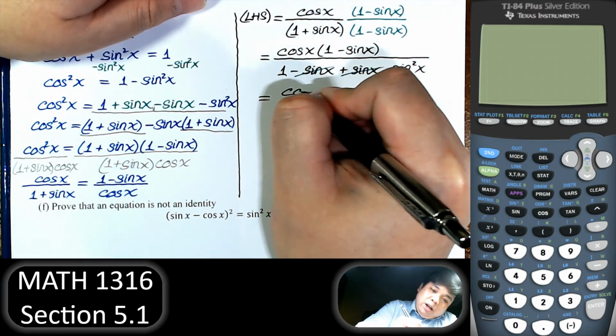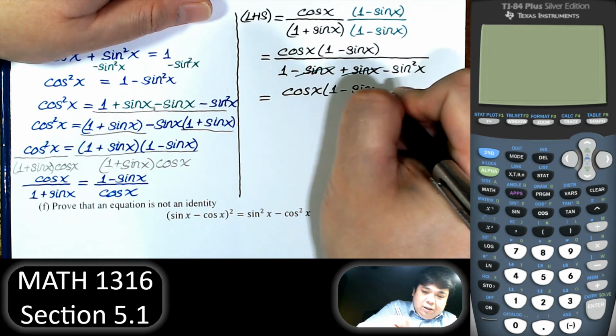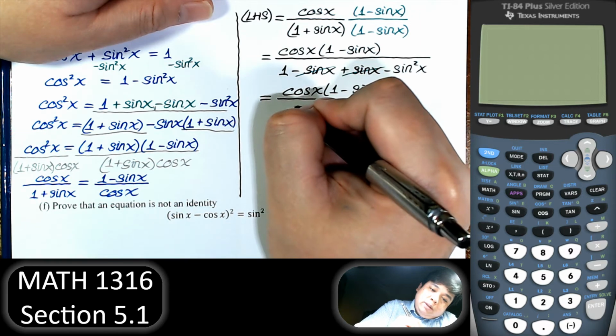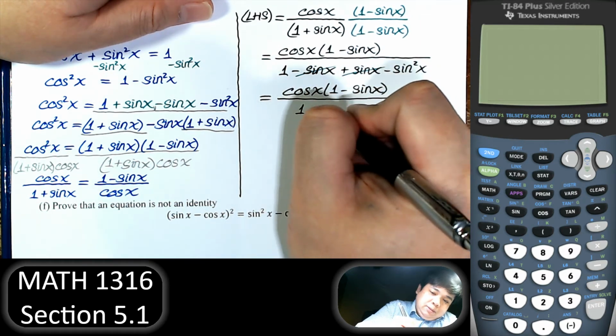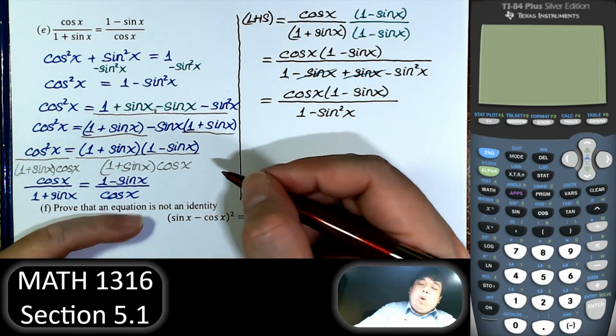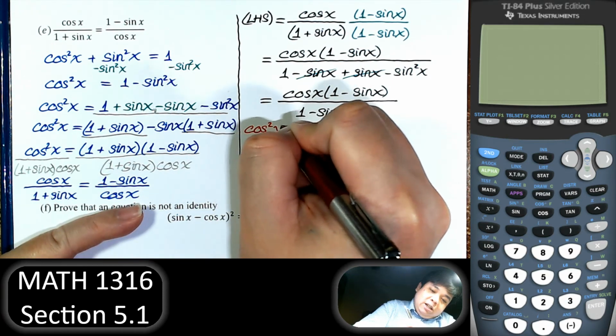So the top, once again, stays intact. The bottom, 1 minus sine square. As mentioned many times, more often than not, when we see sine square and cosine square, that is the Pythagorean identities.